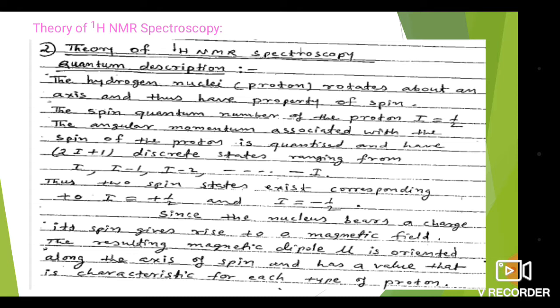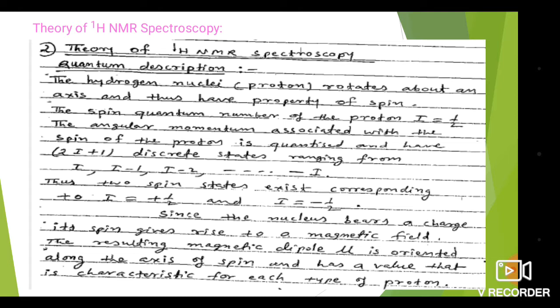When we place this proton in a magnetic field, the quantized energy levels, the discrete states, split up into plus I and minus I, that is, plus half and minus half. Since the nucleus bears a charge, spin gives rise to a magnetic field.